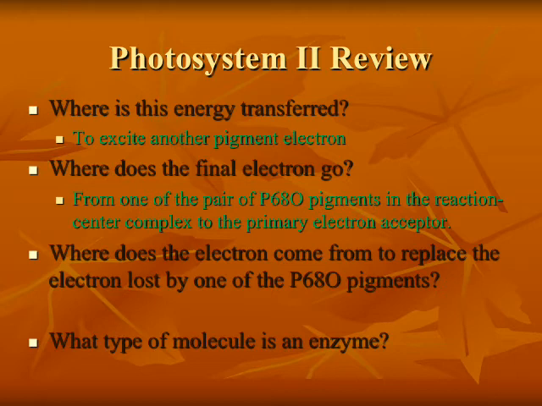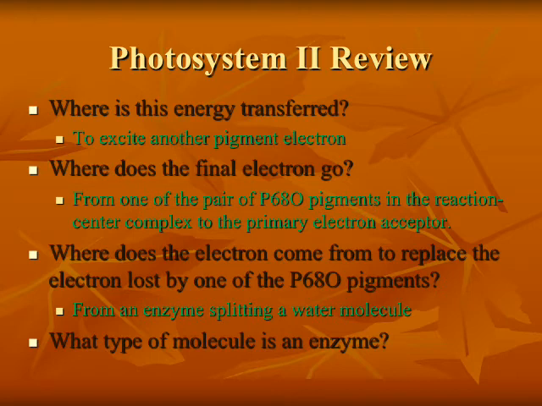It goes from one of the pair of P680 pigments in the reaction center complex to the primary electron acceptor. Remember, that was in the middle of the molecule. Where does the electron come from to replace the electron lost by one of the P680 pigments? From an enzyme splitting a water molecule.